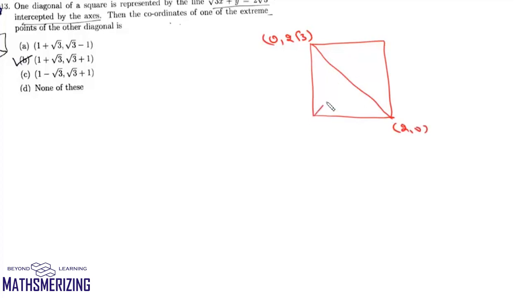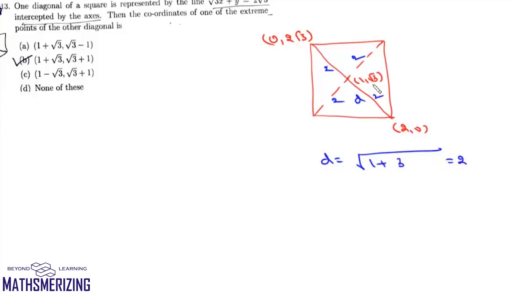Now we find its midpoint. Its midpoint will be 1 comma root 3. Now we find this distance d. This distance d will be under root of, now 2 minus 1 is 1 and then root 3 square is 3. So this distance is 2. So all these distances, they are 2 units.